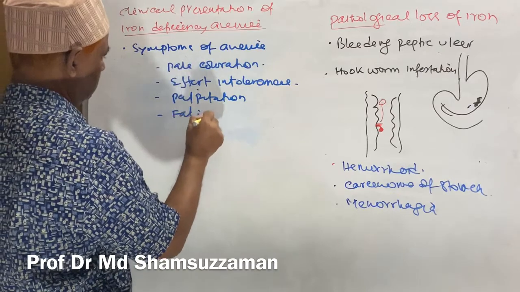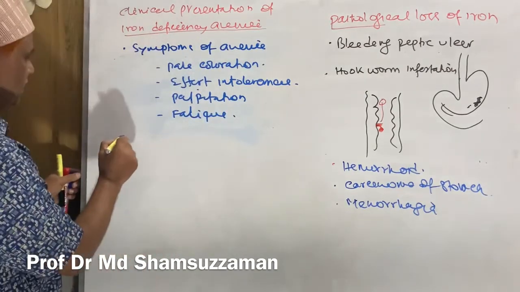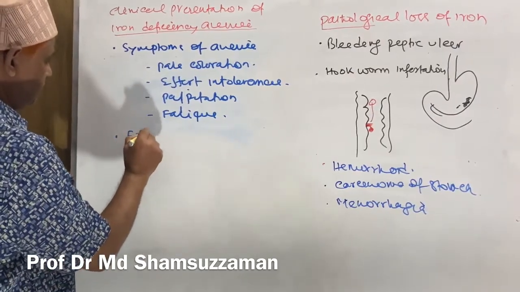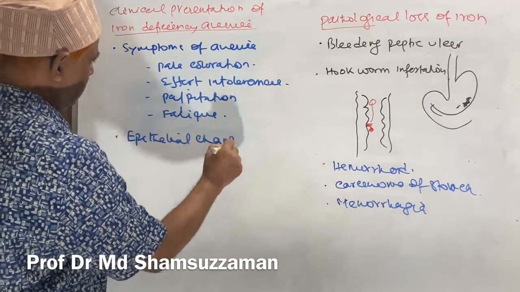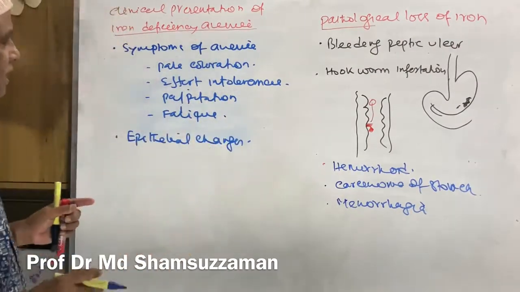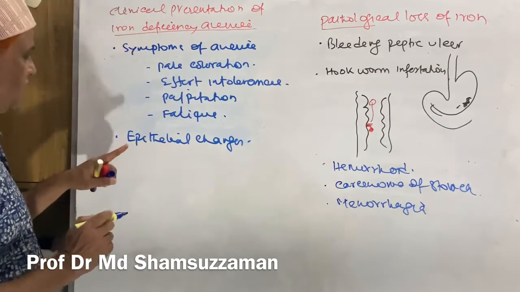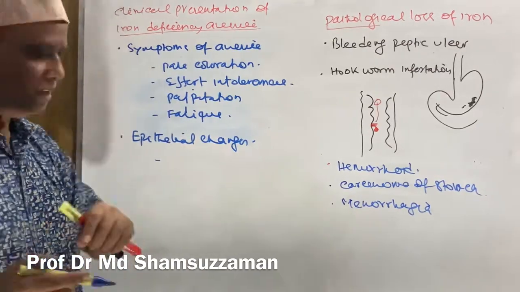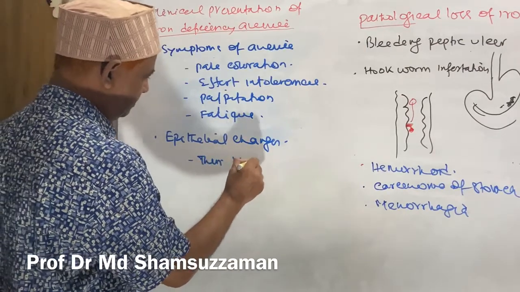So these are the symptoms of anemia. Besides this, in case of iron deficiency anemia, you will get epithelial changes. The epithelial changes are predominantly found in the nail bed. So due to epithelial changes, the nail bed becomes thin. Thinning of the nail bed.